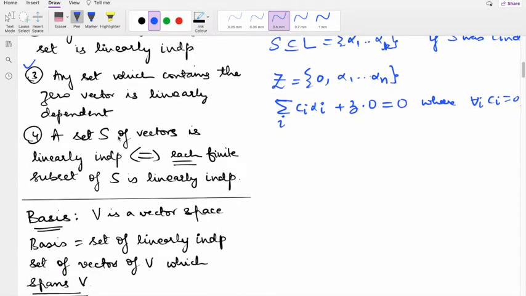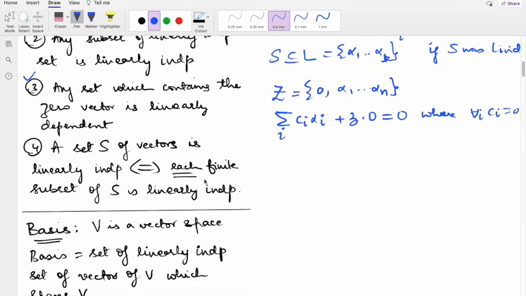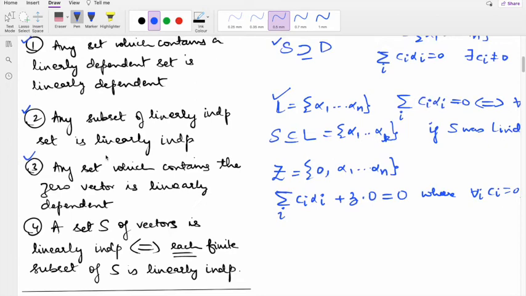Then any set S of vectors is linearly independent if and only if each finite subset of S is linearly independent. This again follows from property 1 itself. If any subset is linearly dependent, the superset becomes linearly dependent. And again the idea that any subset of a linearly independent set is linearly independent.